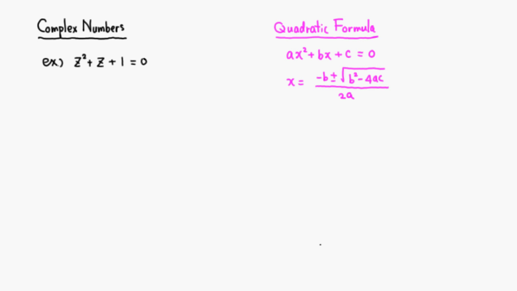Since I don't think we can factor this cleanly, I'm going to use the quadratic formula. If you forget, if you have a quadratic equation ax squared plus bx plus c equal to 0, then x can be found by negative b plus or minus the square root of b squared minus 4ac, over 2a.